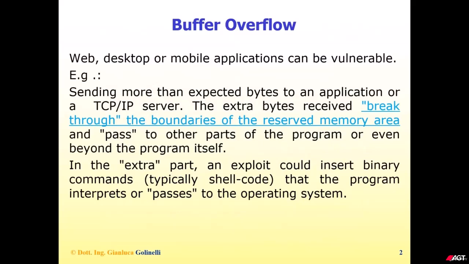The buffer overflow vulnerability is typical of applications developed in C or C++, where the memory allocation of variables and data structures can be managed directly by the developer and where the use of pointers, if not correctly managed, allows the possibility of introducing this type of vulnerability.